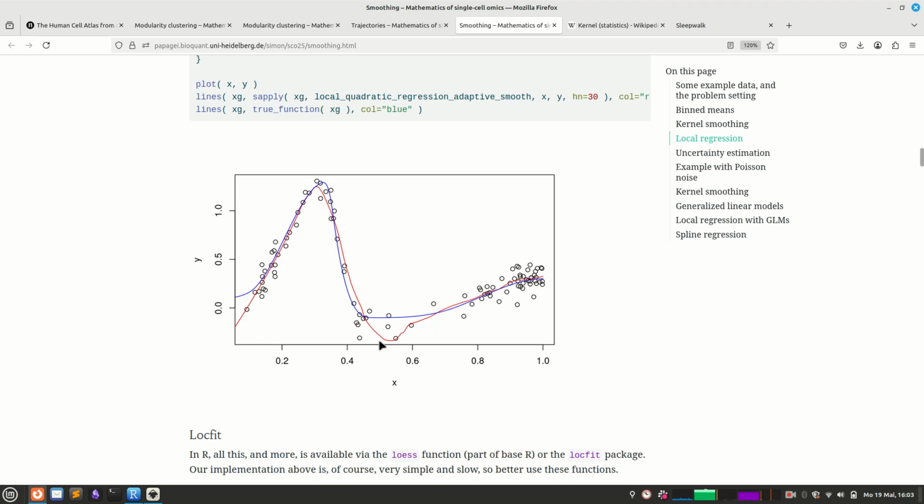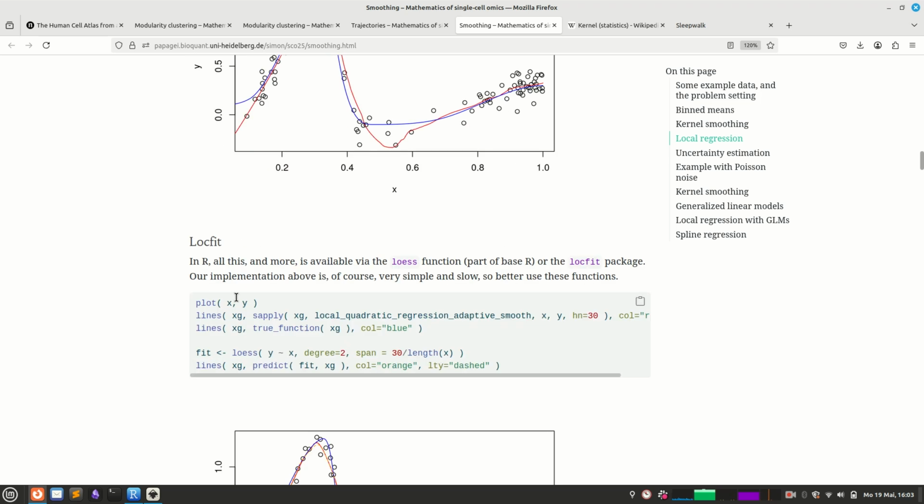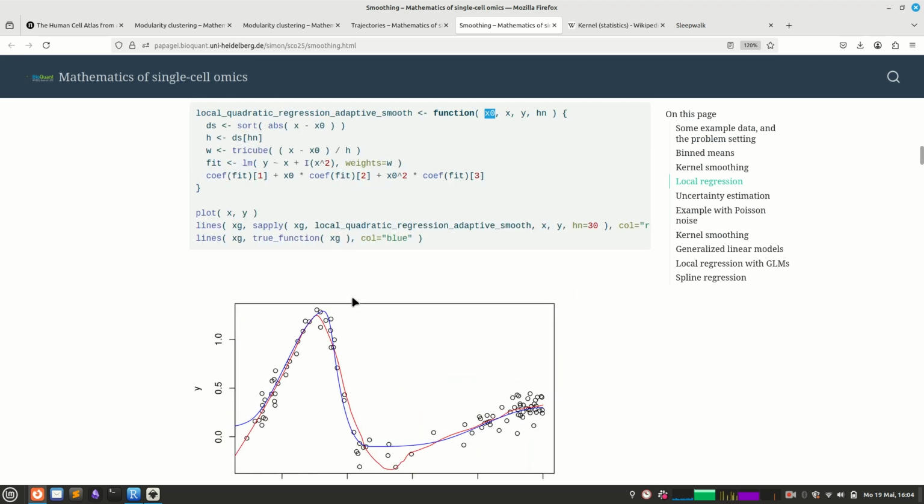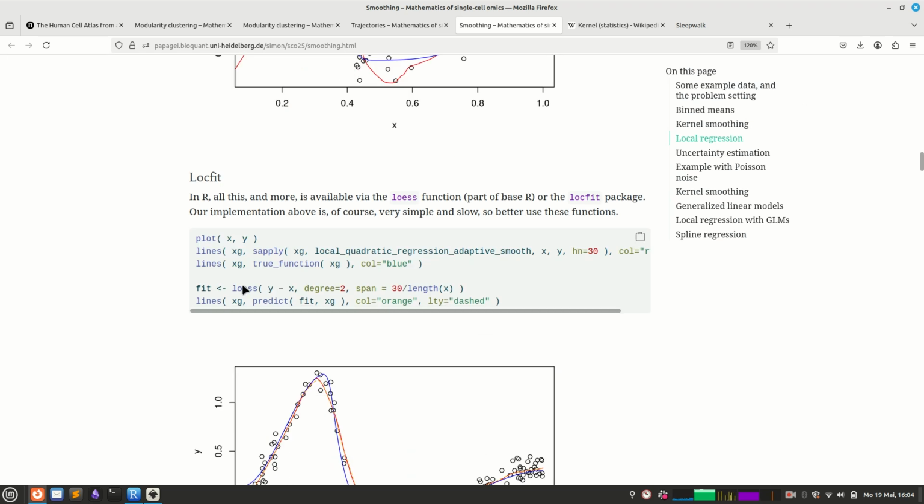And what I can also do in R, there is this function loess, and I can tell it that it should do exactly what I've just shown you here. So loess, you simply tell it y against x.